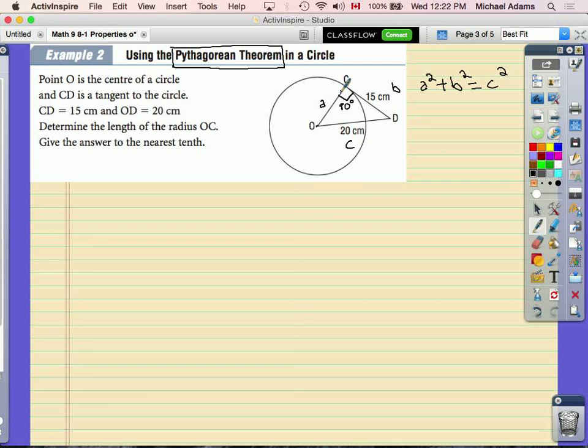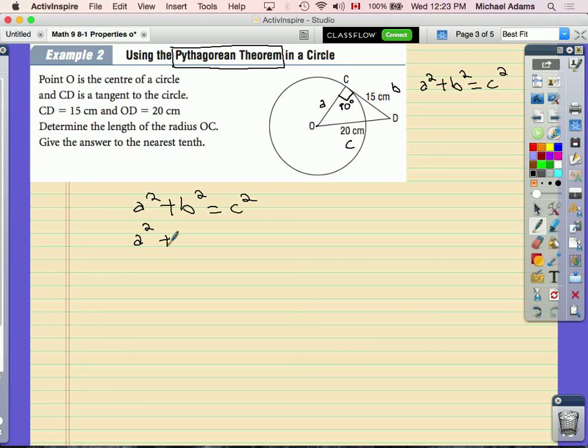I'm going to start by writing out the Pythagorean theorem. So I have a squared plus b squared is equal to c squared. A squared, well, I don't know what that is, so I'm just going to leave it as a squared.